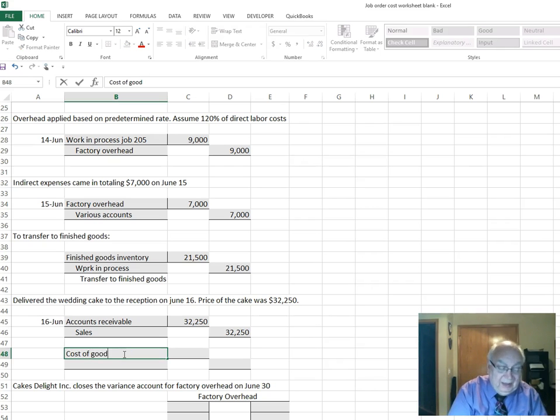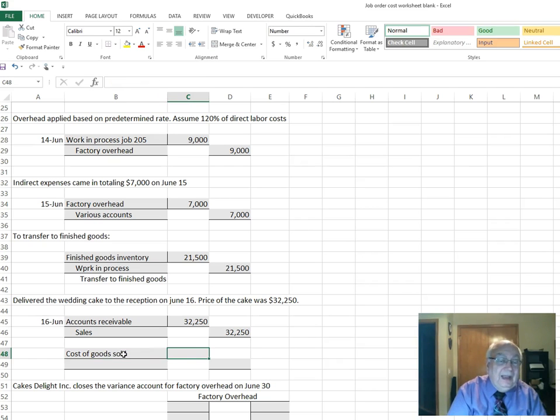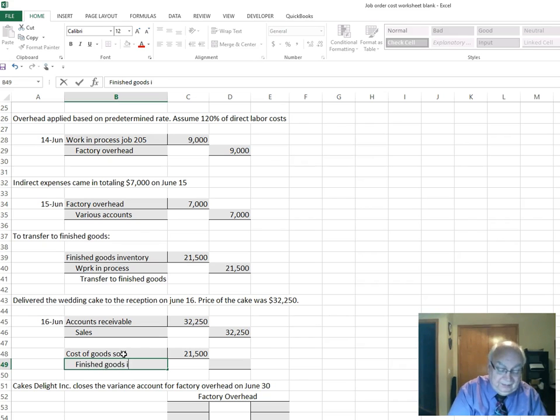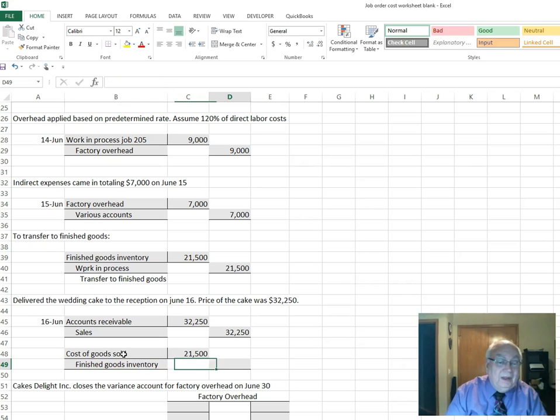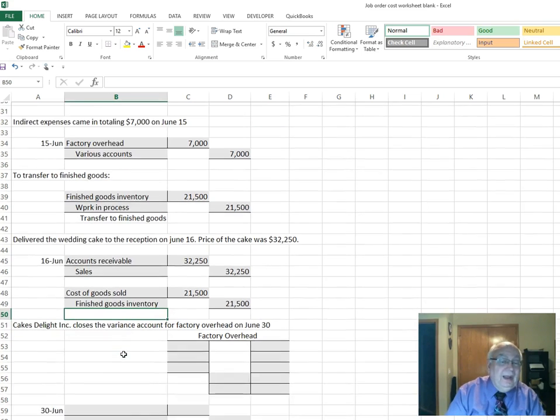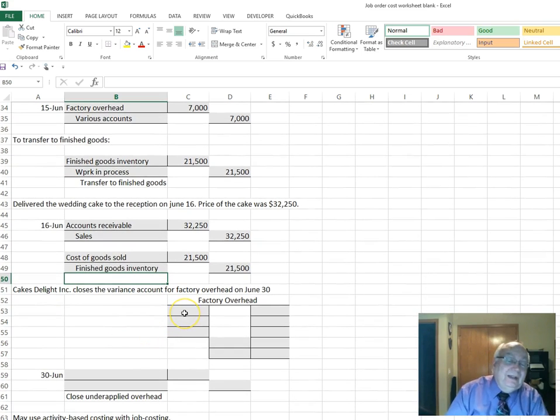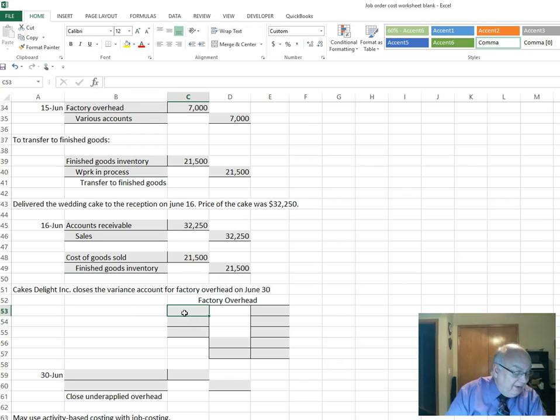This is for the cost of the cake, which was the $21,500, and we'd credit finished goods inventory for the $21,500. Okay, so now what I have here is the label account for factory overhead, what we have in here.